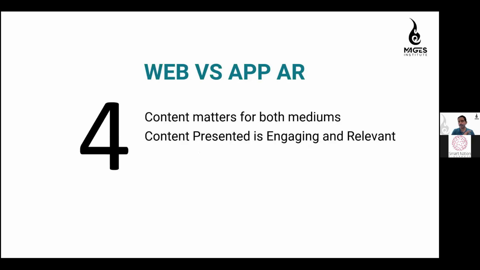The last is the most key here. Content is the key. How good is your content? Whether it is closer to realism or not is a very important thing. It has to be engaging and relevant. Bring the real life product in a 3D form.